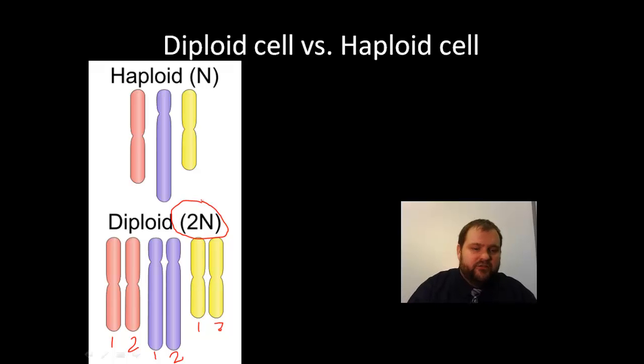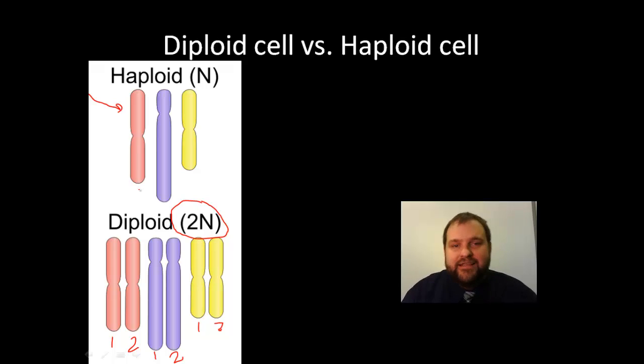So if there's 23 as the number of chromosomes, there would be a total of 46 chromosomes in that cell. Haploid cells only have 1n, or 1 times the number, and they're missing their homologous pairs. They only contain 1 of each number. So this would be chromosome number 1, number 2, number 3, but they don't have those homologous pairs. That's what we call a haploid cell.